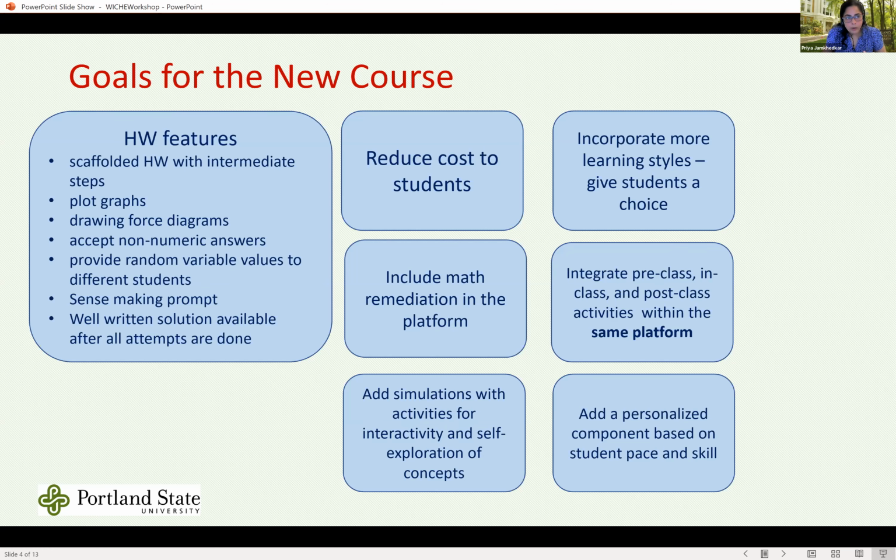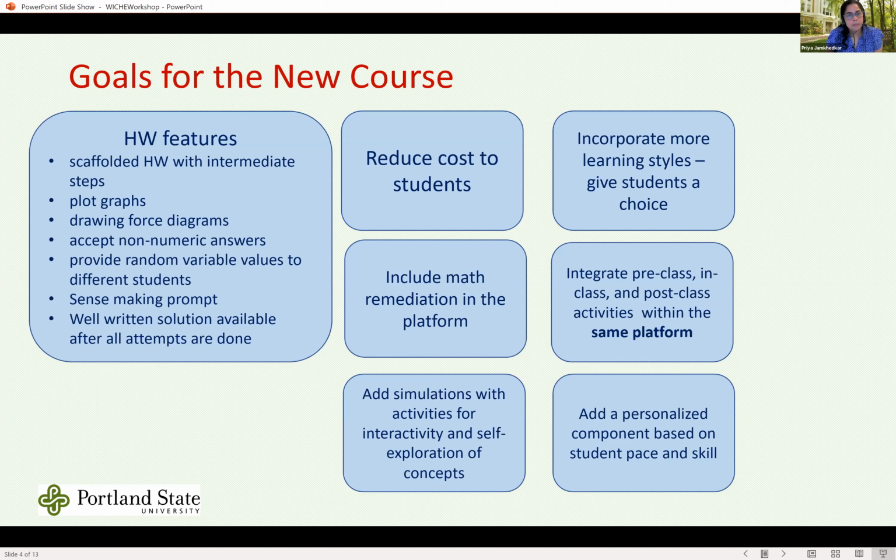And while all of these really improved my teaching and I thought they were valuable, because everything was separate, it added to the cost to the students on top of their textbook. So students were not particularly happy. And if there were technical issues or if they got frustrated, this was a major frustration point as to why are they using all these softwares which are costly and don't seem to have any effect on us.